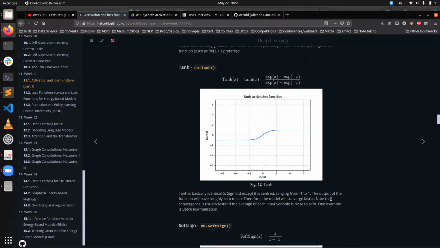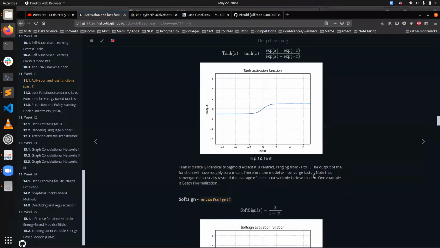That's what it says here. Note that convergence is usually faster if the average of each input variable is close to 0. The input here means the input to the next layer, the layer following this activation. And this is what is done in batch normalization.